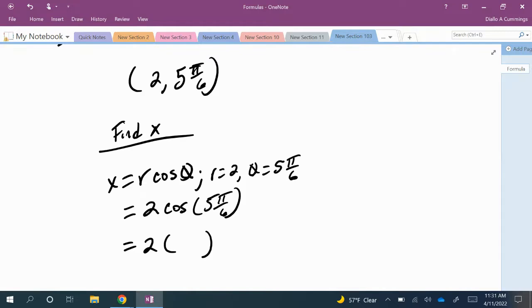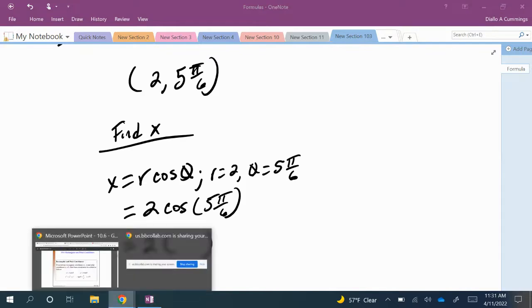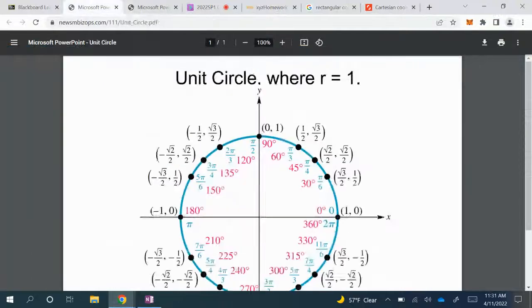We can use the unit circle. So I'm going to go back. I can locate 5 pi over 6, which is 150 degrees. Cosine would be the x coordinate, so I have negative square root of 3 over 2.